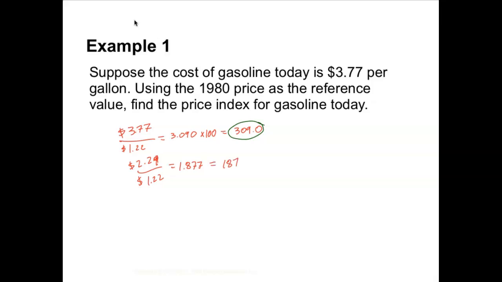So 187.7 is actually today's price index for gas. So this just gives you reference to another point in time, right? Since I'm using 1980 as reference, the index number tells you what percent of the 1980 price we are paying right now, basically. We're paying 187% of the 1980 price.